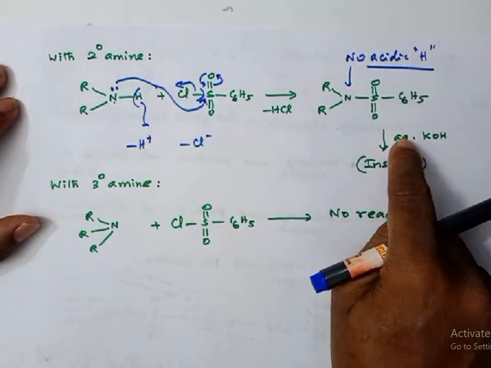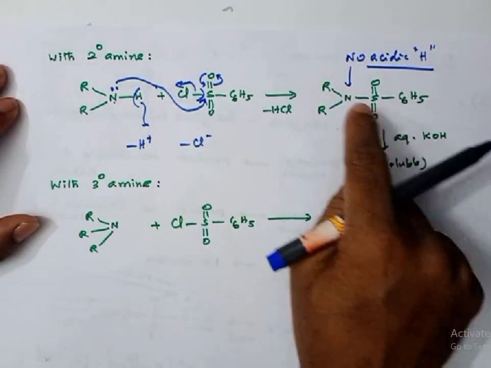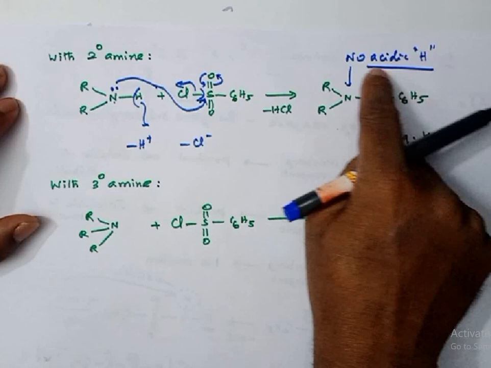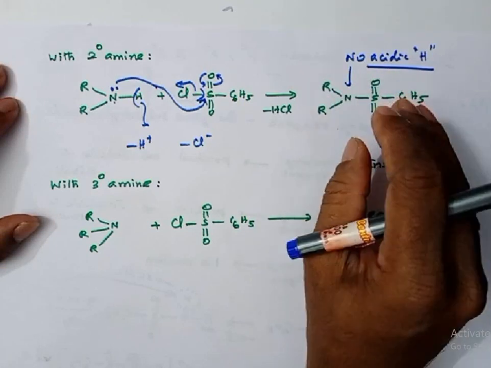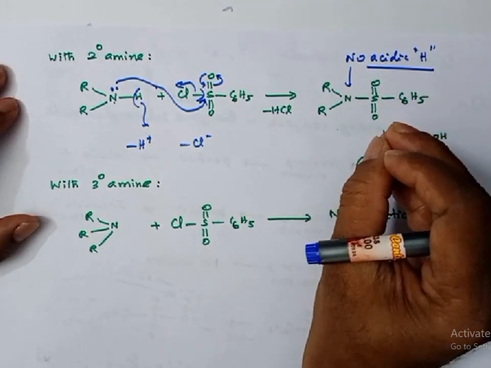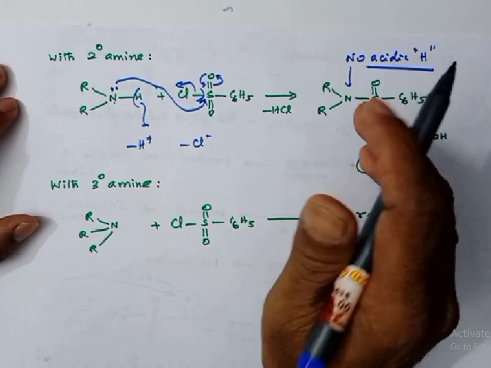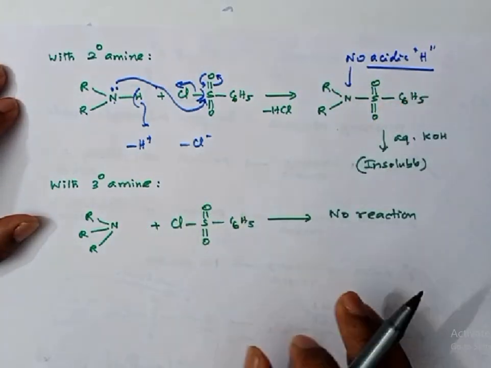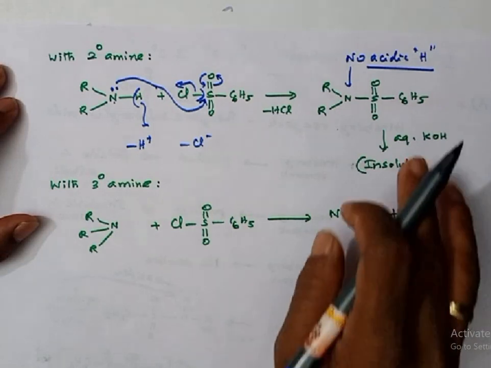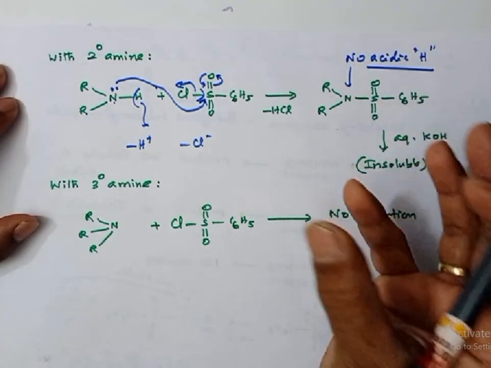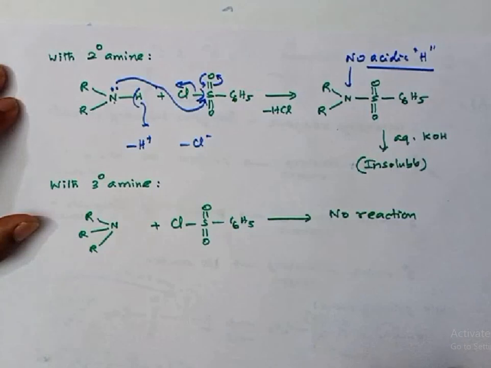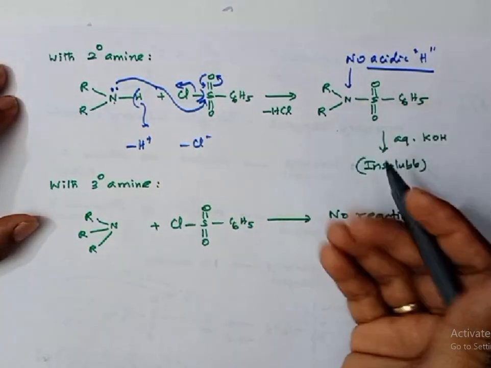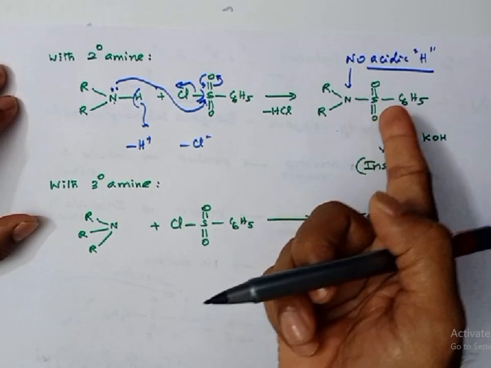Therefore, if I add aqueous KOH, since there is no acidic hydrogen, this compound is an organic compound, and you know very well most organic compounds are insoluble in water. Since it is insoluble, the solution appears heterogeneous, or I can say the product is insoluble.